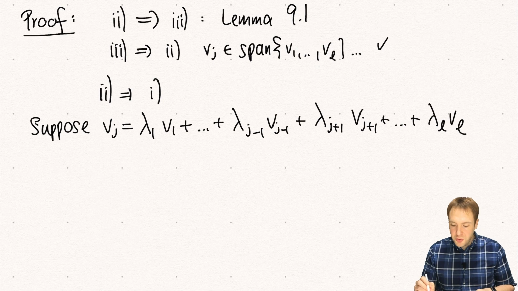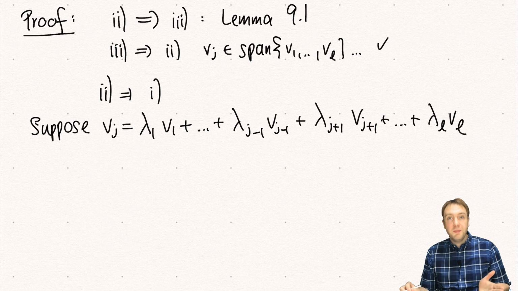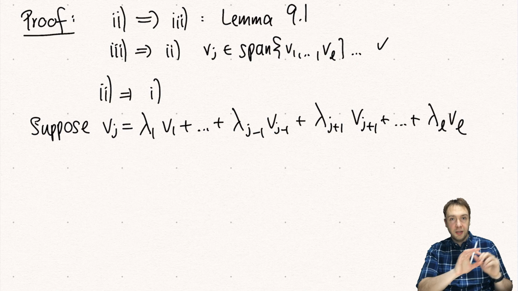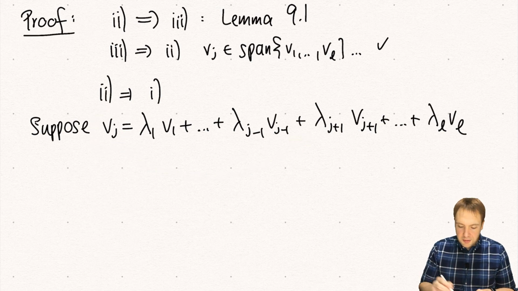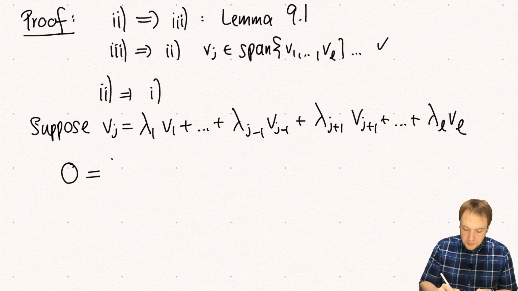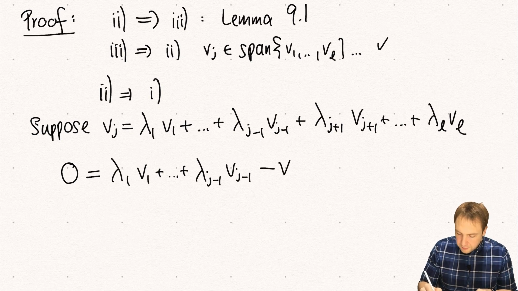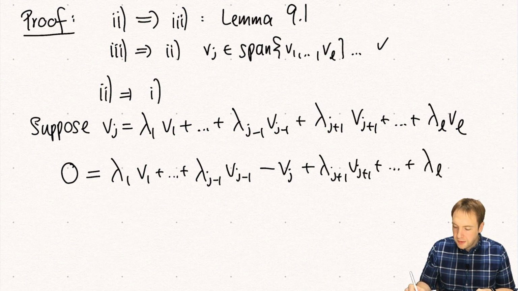Then what I want to show is that all vectors are linearly dependent. Being linearly dependent means I can find a linear combination of all of them where the coefficients are not all 0, but where the linear combination in total is the 0 vector. To find this, I just bring Vj to this side. So 0 equals lambda 1 v1 up to lambda j minus 1 vj minus 1, minus vj, plus lambda j plus 1 vj plus 1, up to lambda l vl.